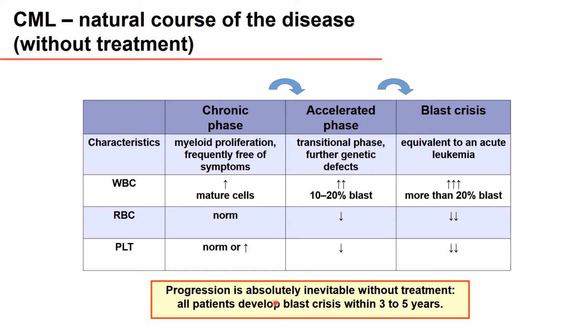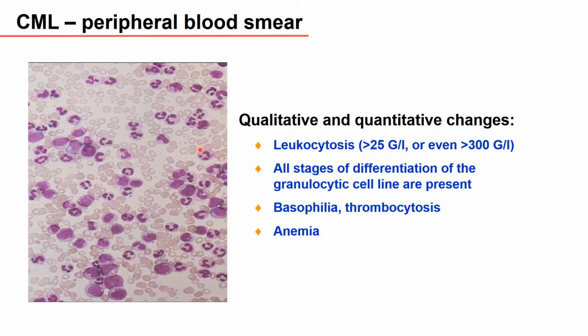Usually these patients who had no specific treatment for chronic myeloid leukemia developed acute leukemia and didn't respond to any further therapy. Today, however, we have a great advantage in treating CML.